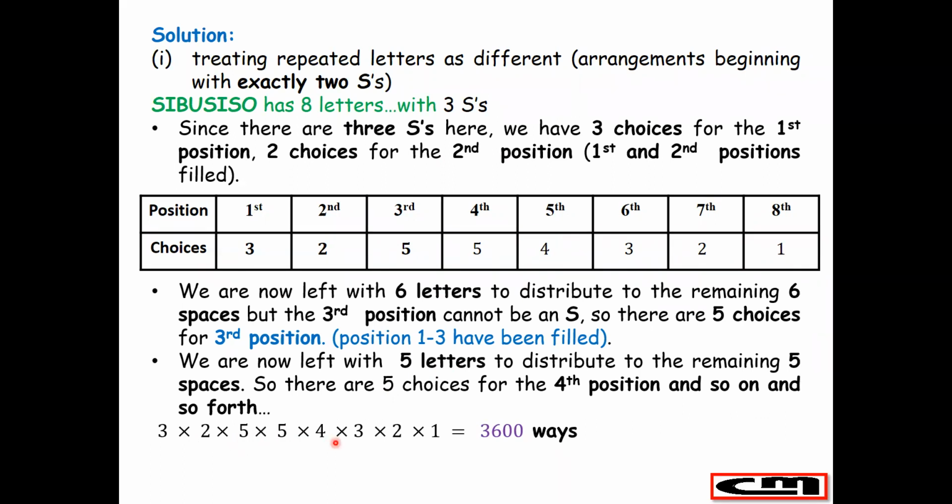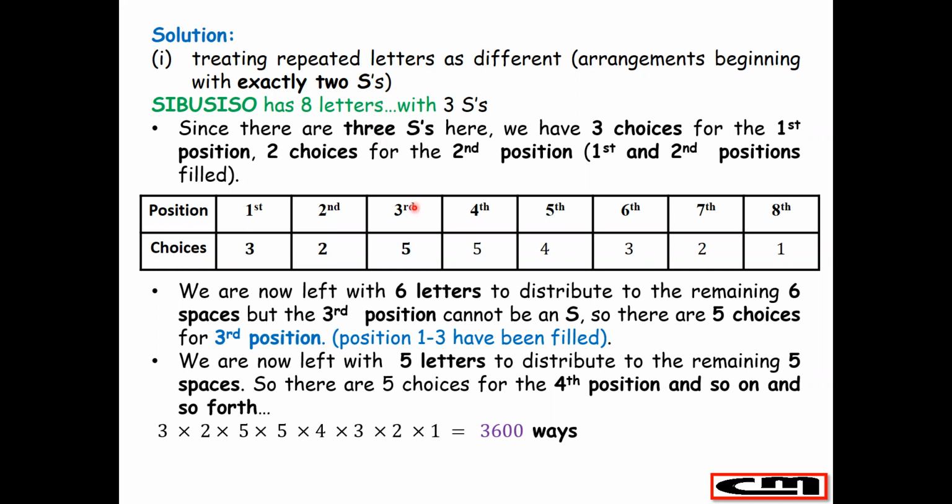And this gives me 3,600 ways. But we need to know that we obtained these 3,600 ways treating the letters that are repeating as different. And besides that, we also responded to the condition that each word starts with exactly 2 S's.